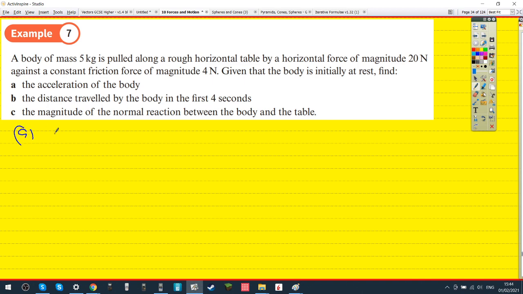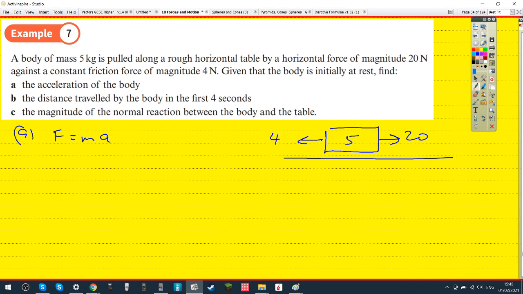Yep. And so that would be 3.2 meters per second squared. Okay. So I need a... Okay, part B. This is probably one of the first.